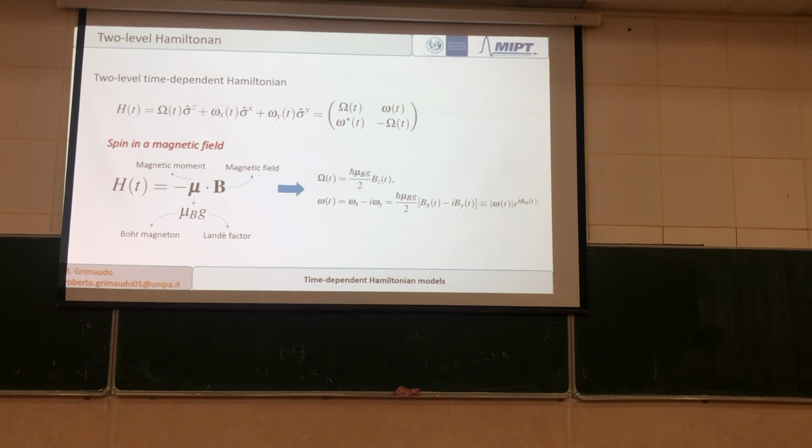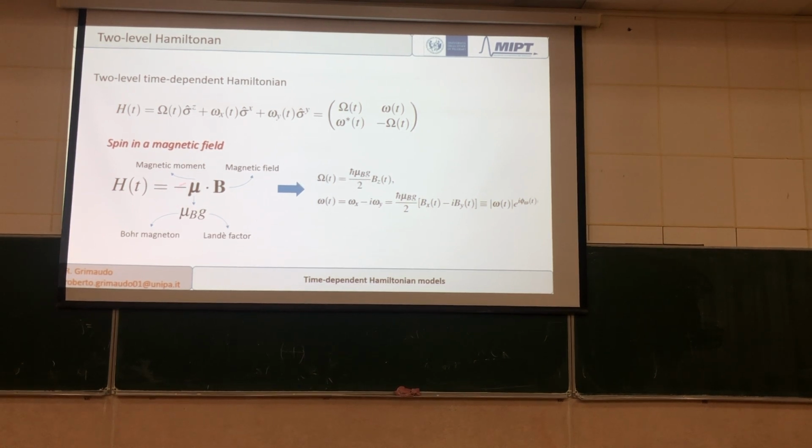Well, we know that such a kind of Hamiltonian can describe, in general, a spin 1/2 particle in a time-dependent magnetic field. The time-dependent Hamiltonian of such a system can be written in this way.